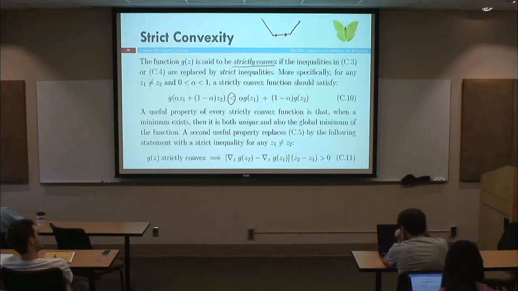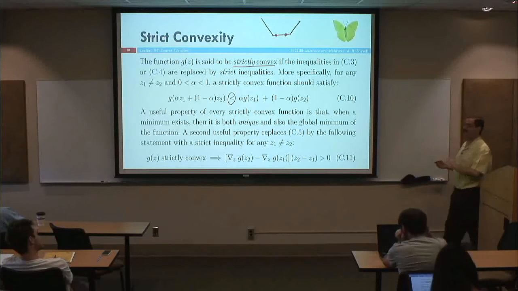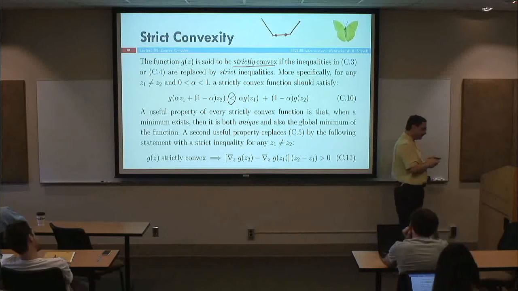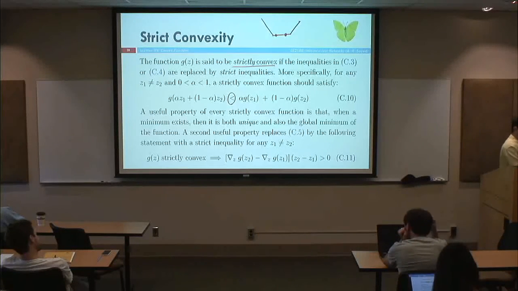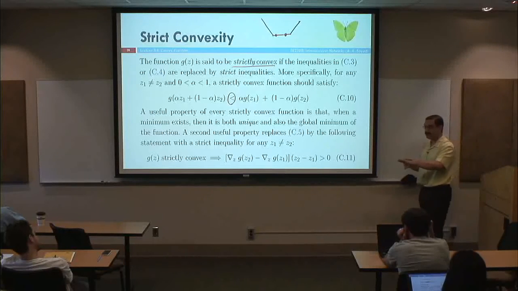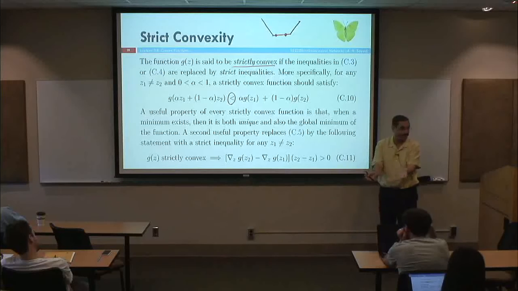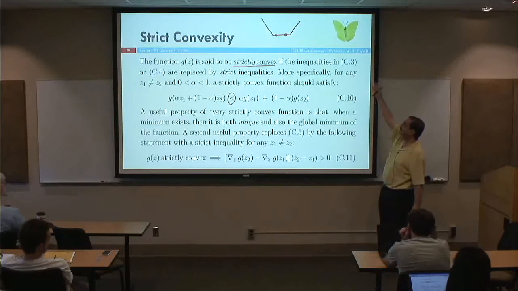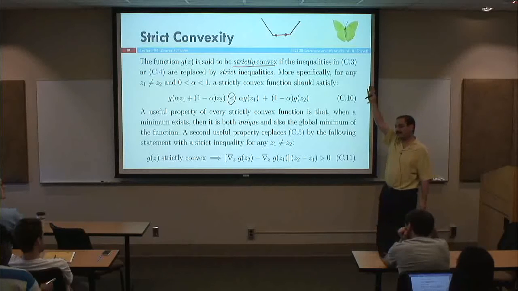So what does strict convexity imply that's useful for us is that now if a minimum exists, it has to be unique. Before, for convex functions, you can have multiple global minima. For example, this function here has infinitely many global minima.